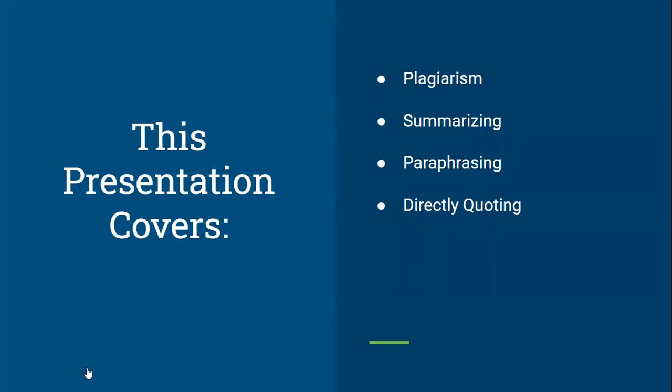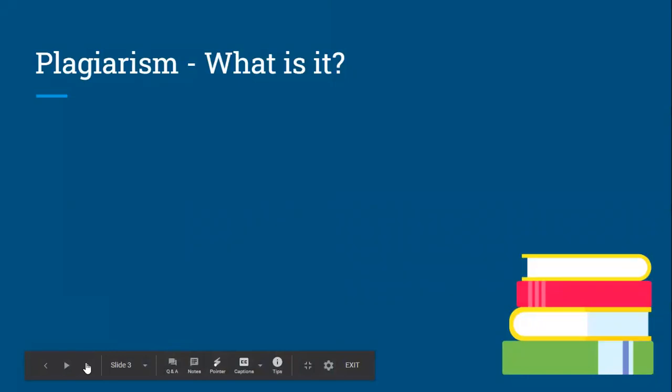So in this section of the workshop we're going to talk about plagiarism, and then the 3 ways that you can include sources in a paper: summary, paraphrase, and direct quotation. So first of all, how would you guys define plagiarism in your own words?